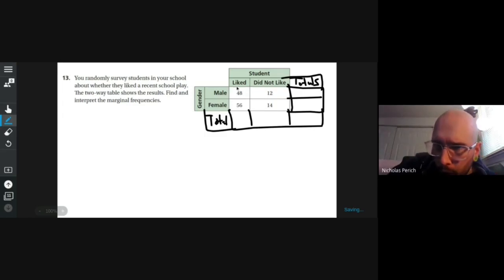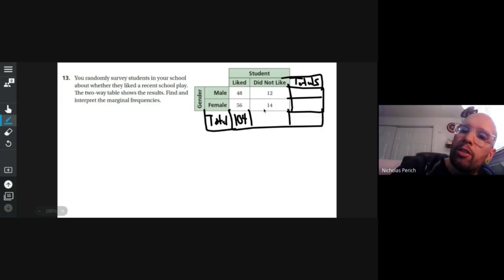So the way I get this number right here is I add these two numbers up. 48 plus 56 is 104. Adding these two, I get 36. These two numbers are 48 and 12 make 60. 56 and 14 makes 70.